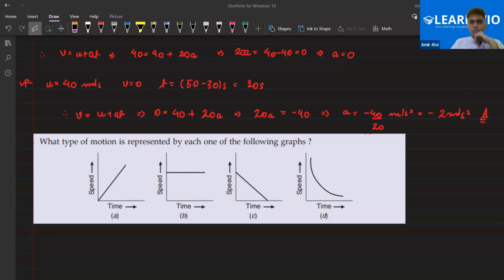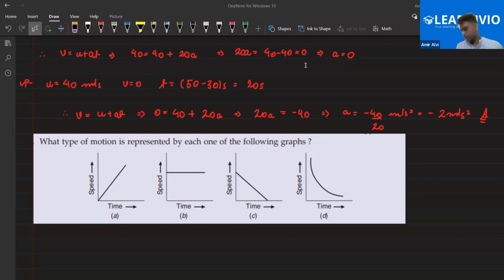Farhan, what's your answer? Sir, I sent in the chat. Just a second, let me check. Okay, A is uniform speed, B is rest, C is retardation, non-uniform acceleration.